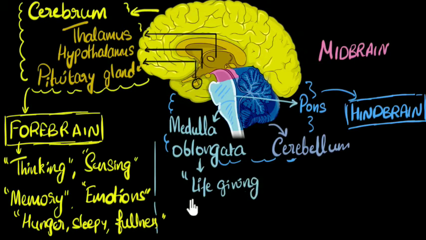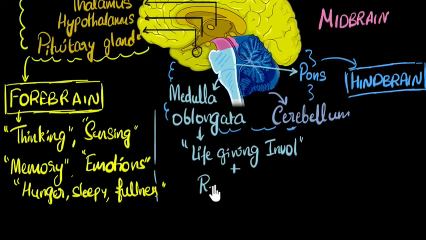The heartbeat and all, as I said, sneezing, jerking, all these come under the medulla oblongata. That is involuntary action, and also the reflex action comes under the function of the medulla oblongata.